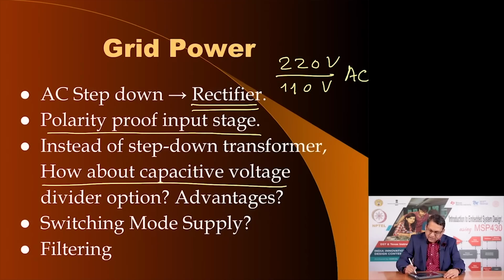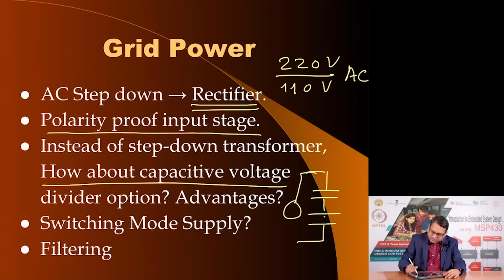Think of it like this: if I have an AC voltage source, I can create a voltage divider using two resistors, but I can also create a voltage divider using two capacitors. If I use two capacitors, here is my AC source and I tap the voltage here.